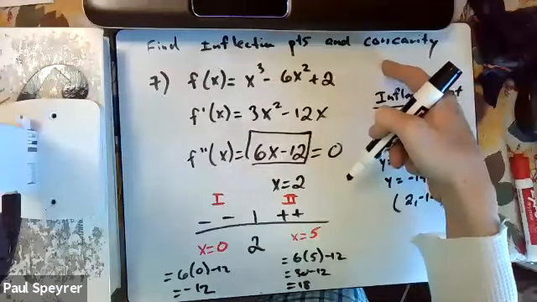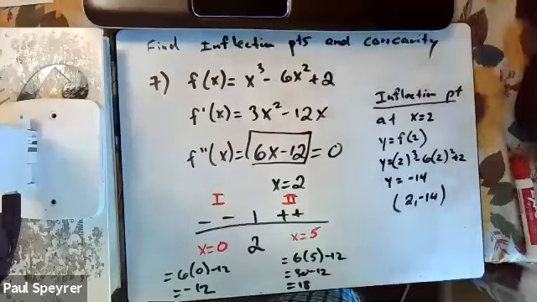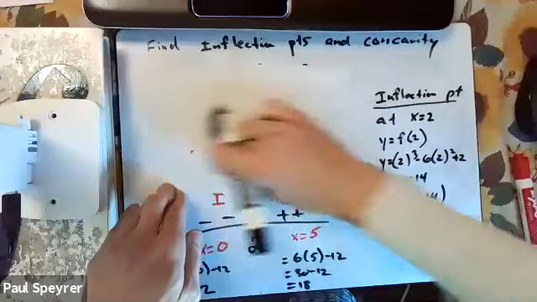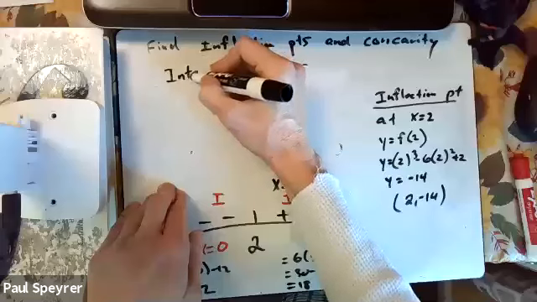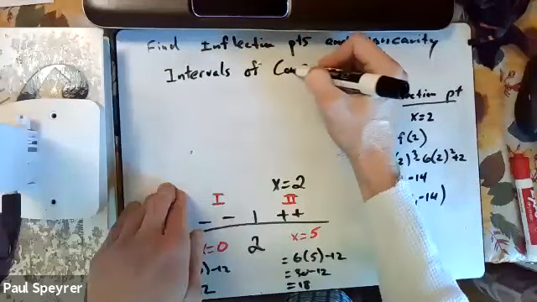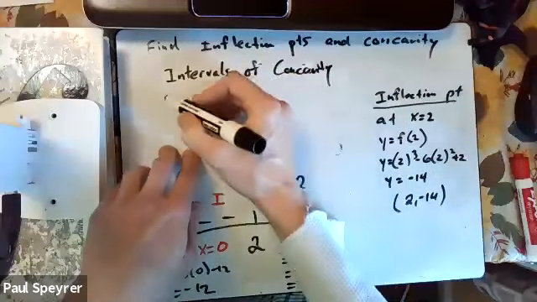Now we need to figure out concavity, the intervals of concavity. Basically, where's it opening up? Where's it opening down?